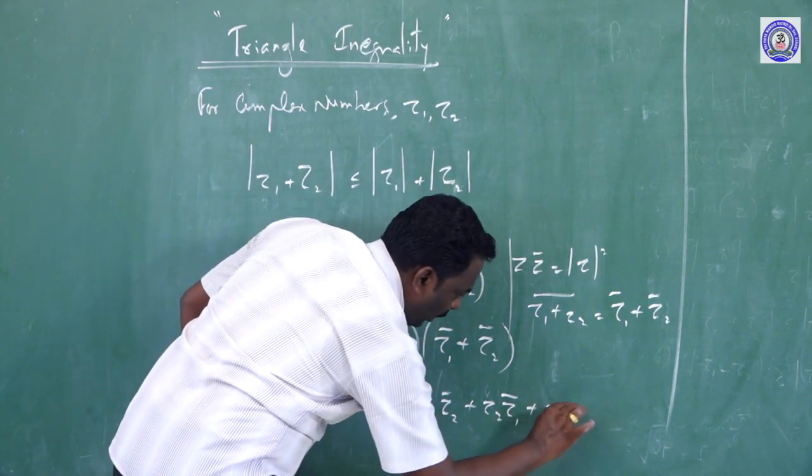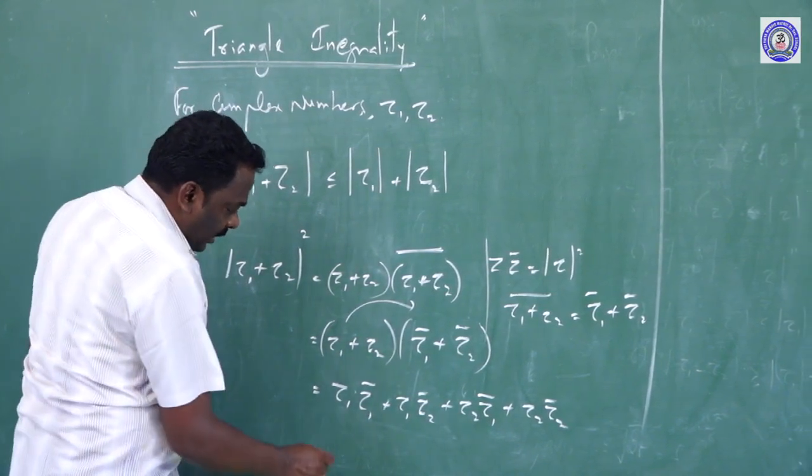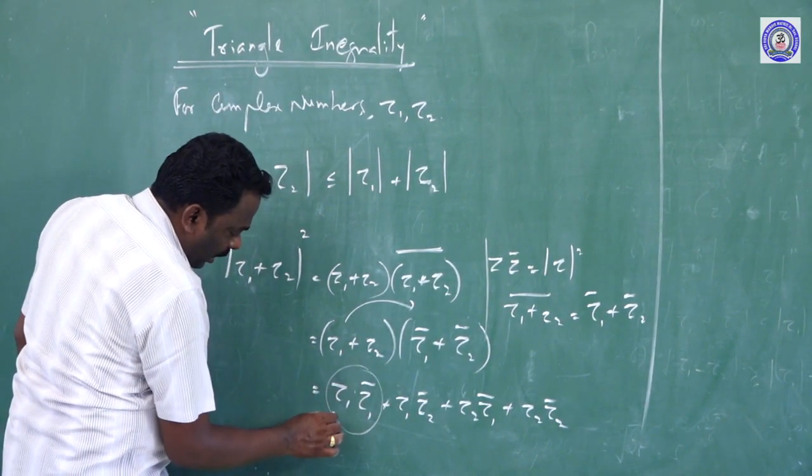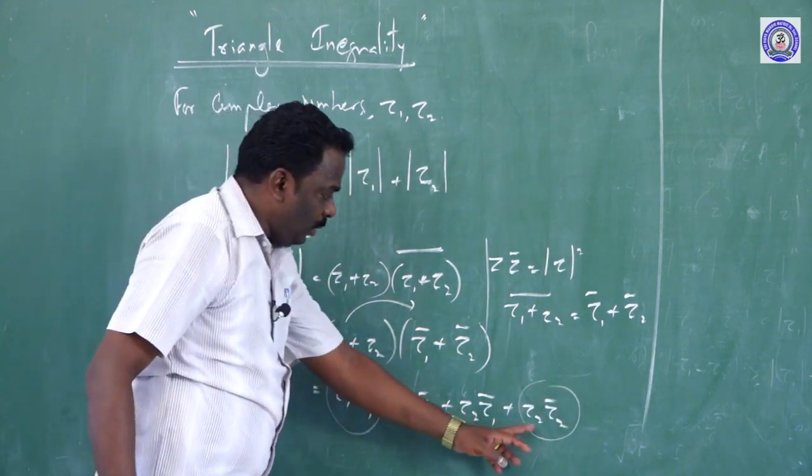This is the final ordinary multiplication. Now collecting, the first term is z1 into z1 bar and the next term is z2 into z2 bar.